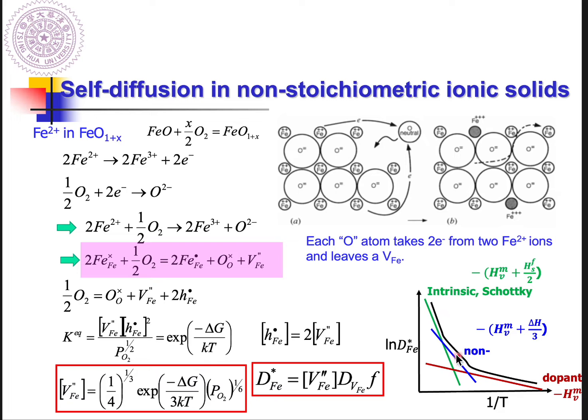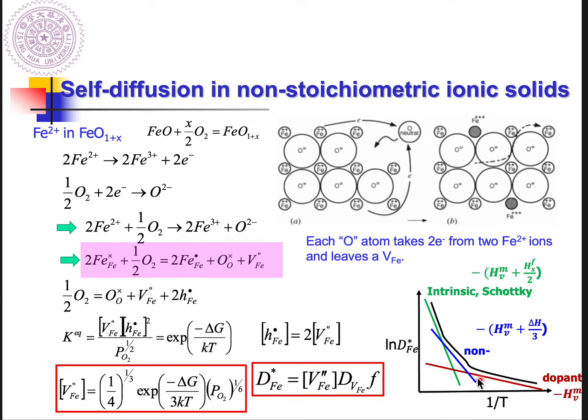This result implies that this material is sensitive to oxygen pressure, so it can be an oxygen sensor. And you can also know the suitable working temperature. For example, in this temperature region, you can observe a non-stoichiometry effect, and within this region, at different temperatures, the diffusivity of the ion will be different, right?